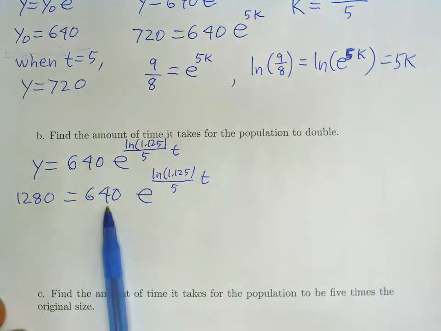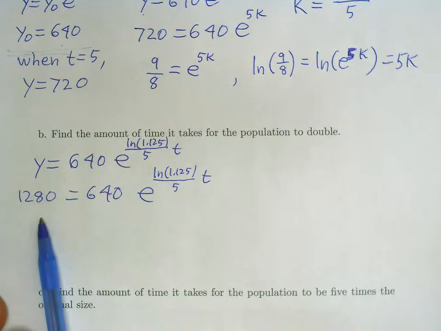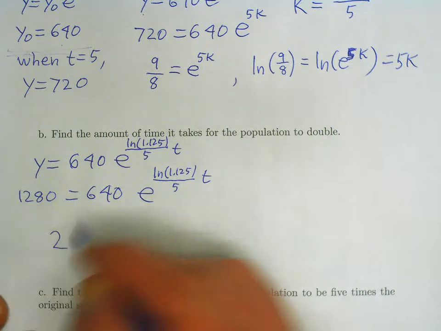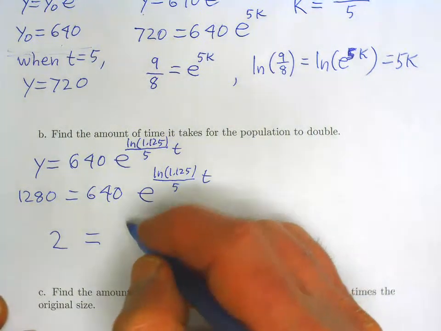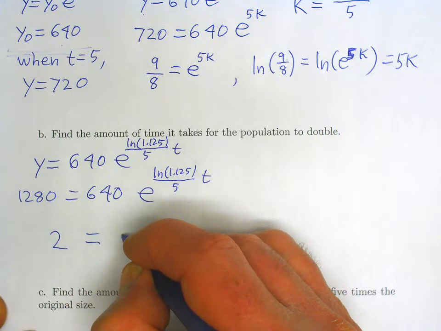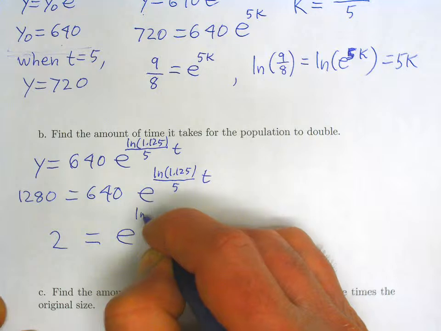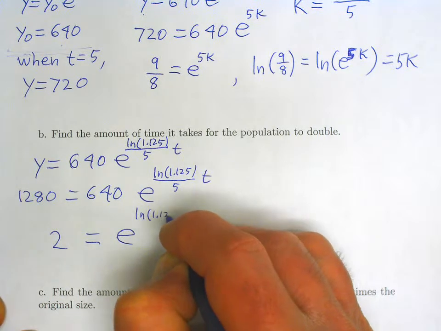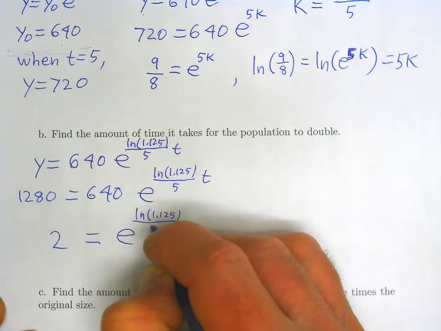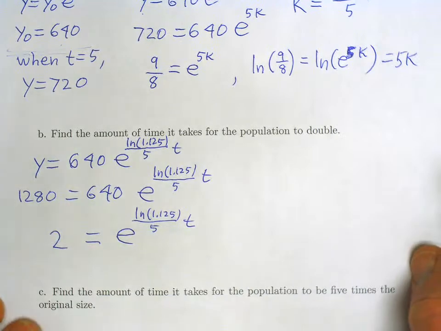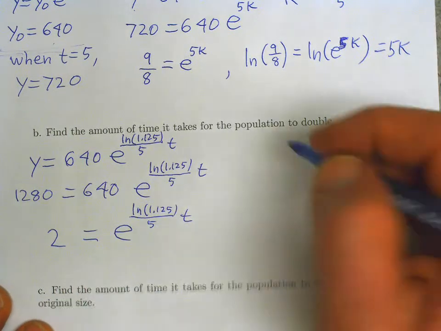Divide both sides by 640. 1280 divided by 640 is 2. So 2 equals e to the kt, e to the natural log of 1.125 over 5 times t. Now take the natural log of both sides.